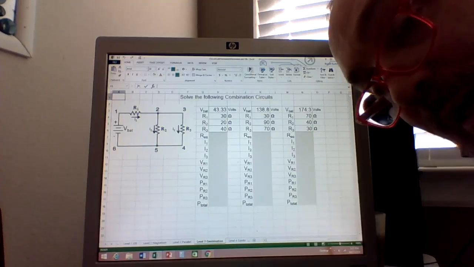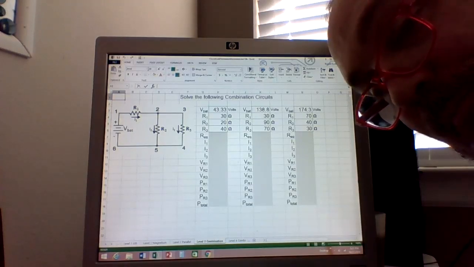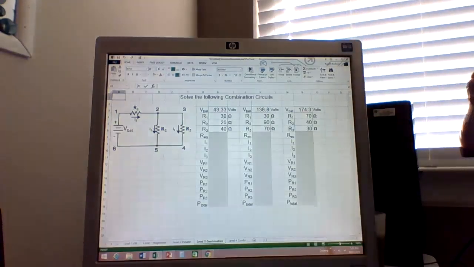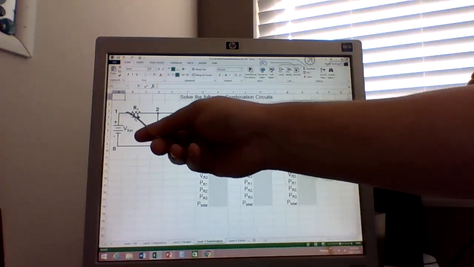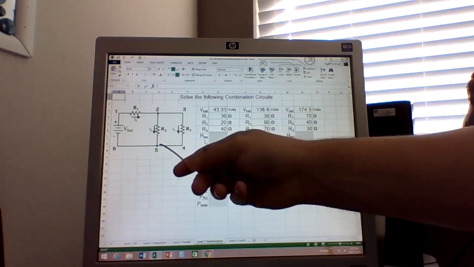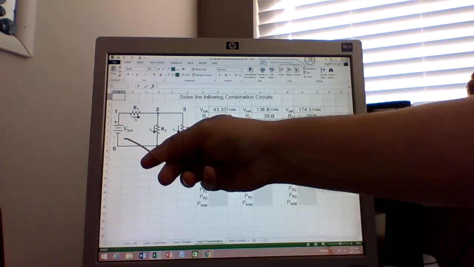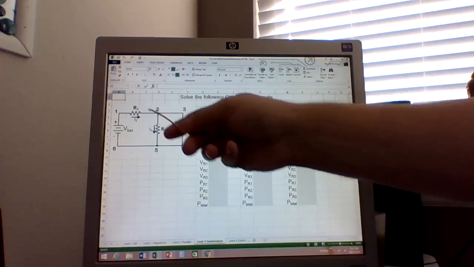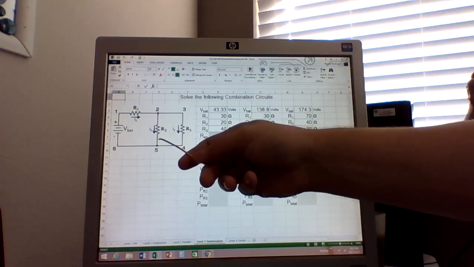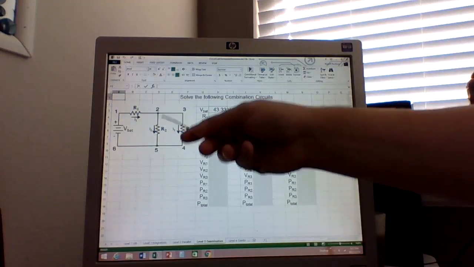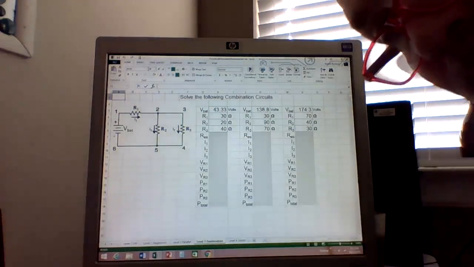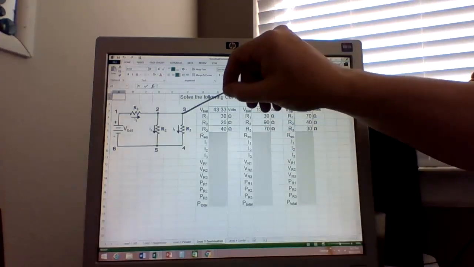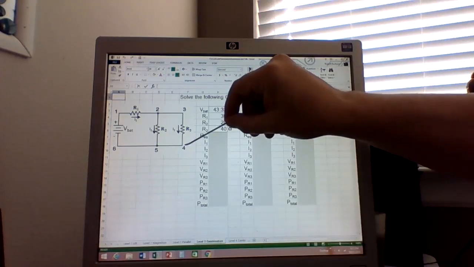If you don't know, it's okay to type. That's correct, Mr. D. 30 plus 13.33 is equal to 43.33. So the voltages here have to add together. So this is 13.33. Very good, Mr. D. Okay. Very good, Mr. Diassi.